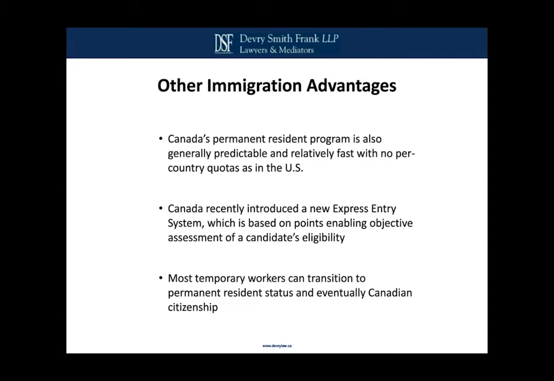Canada recently introduced a new Express Entry system, which is based on points, enabling relatively objective assessment of a candidate's eligibility. And most temporary workers can transition to permanent resident status and eventually Canadian citizenship, which ultimately leads to taking advantage of the various free trade agreements that Canada has with other countries.